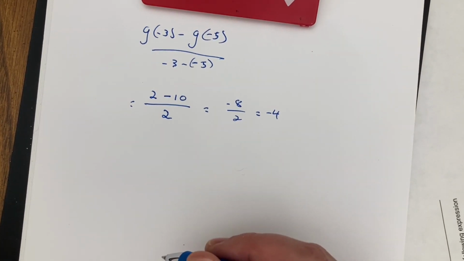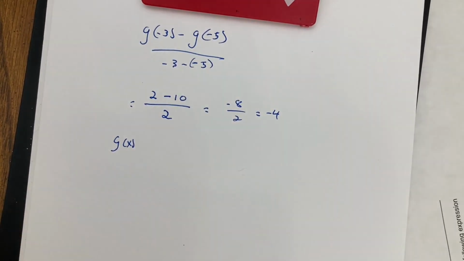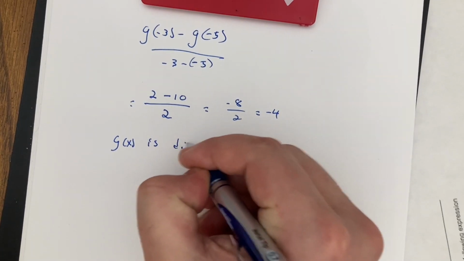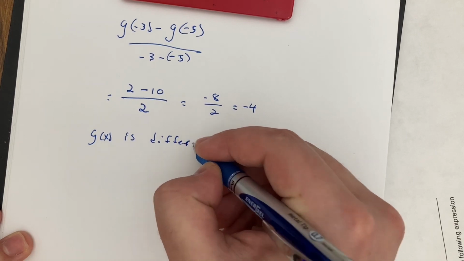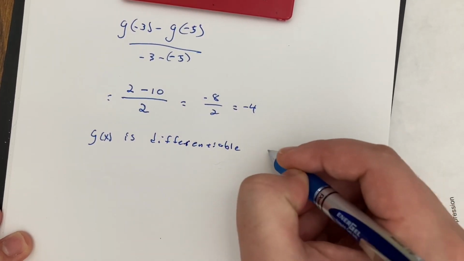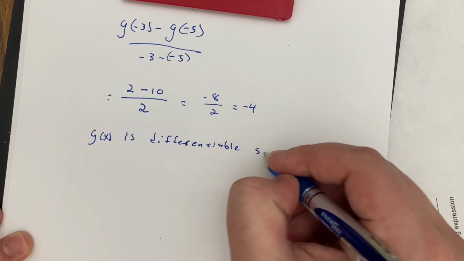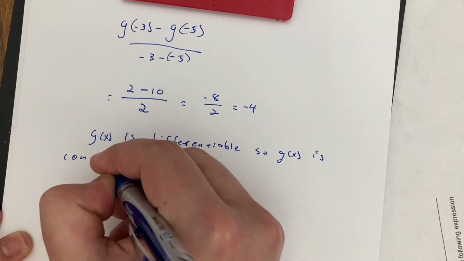First thing that we want to write: anytime that you are told that something is differentiable on the AP Calc test, you should automatically write that g is continuous. g of x is differentiable, so g of x is continuous.